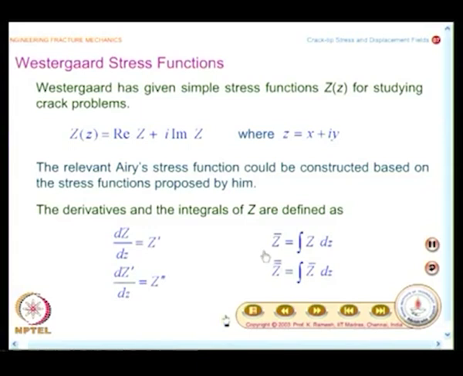The advantage of this approach is, once you get the final set of expressions, by changing capital Z, you could get solutions for a variety of problems. So, we will make very generic mathematical calculations. We will not reduce it to a particular problem. We will develop it in a very generic sense.